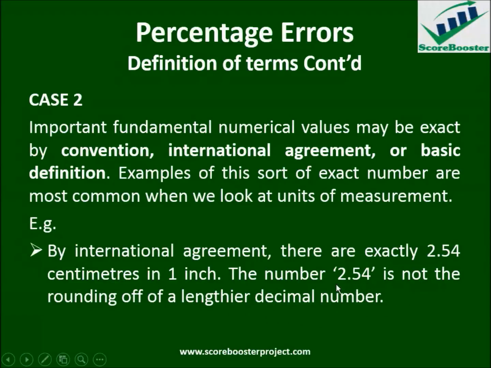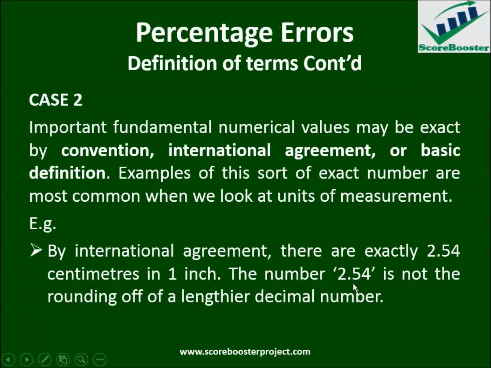So unlike when dealing with approximate values, whereby the number of decimal places after the decimal point depends on how precise the equipment for the measurement is, here the 2.54 is not arrived at by rounding up a lengthier number, but rather it is by convention, by international agreement, 2.54 centimeters.